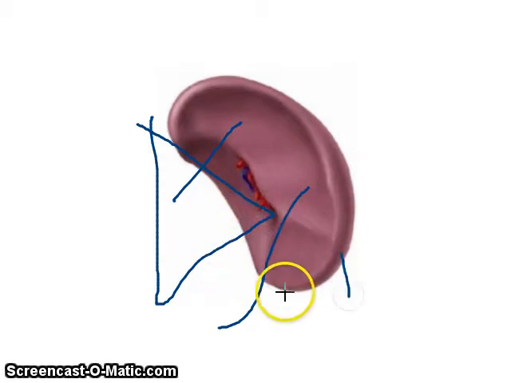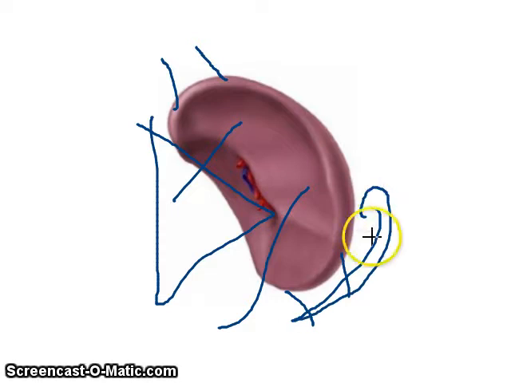Here's the splenocolic ligament in the lower pole, and here's the splenophrenic in the upper pole, and here's the floor of the spleen, which is formed by the phrenicocolic ligament, which directs the spleen in this direction. This is the most important ligament regarding the spleen.